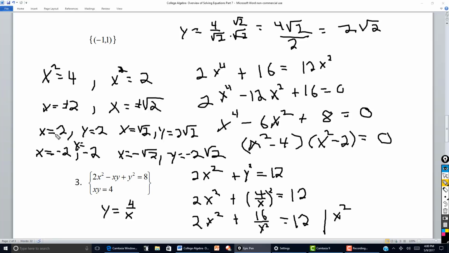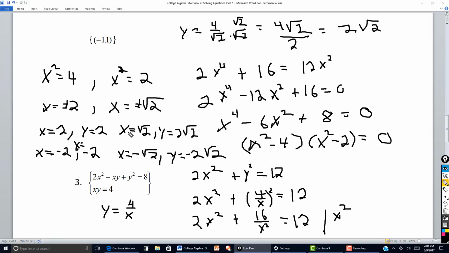So one solution is x equals 2, y equals 2. Another solution is x equals negative 2, y equals negative 2. Another solution is x equals radical 2, y equals 2 radical 2, and x equals negative radical 2, y equals negative 2 radical 2.